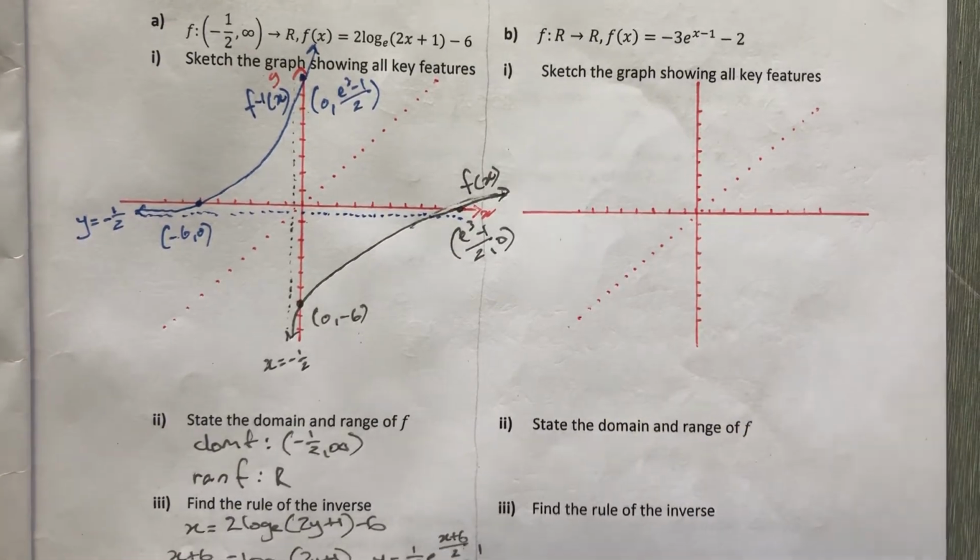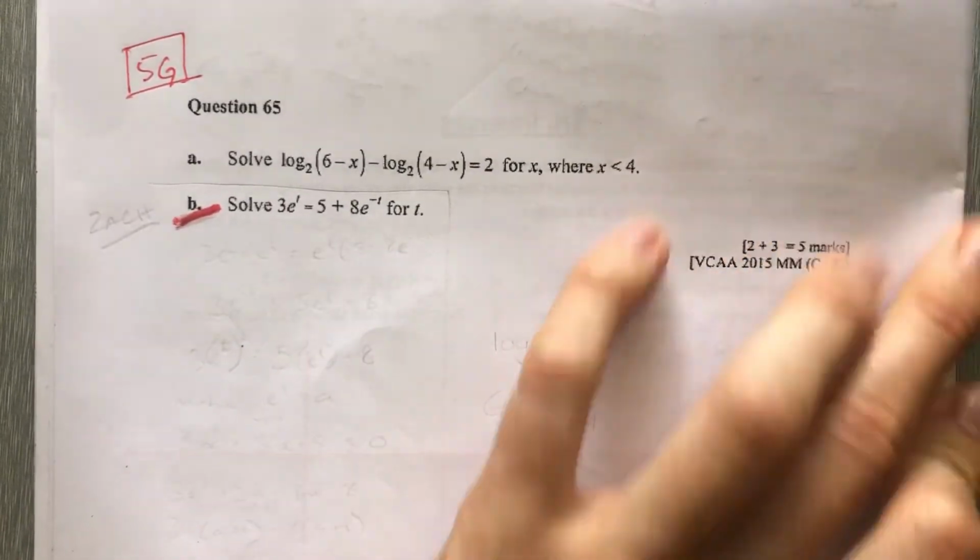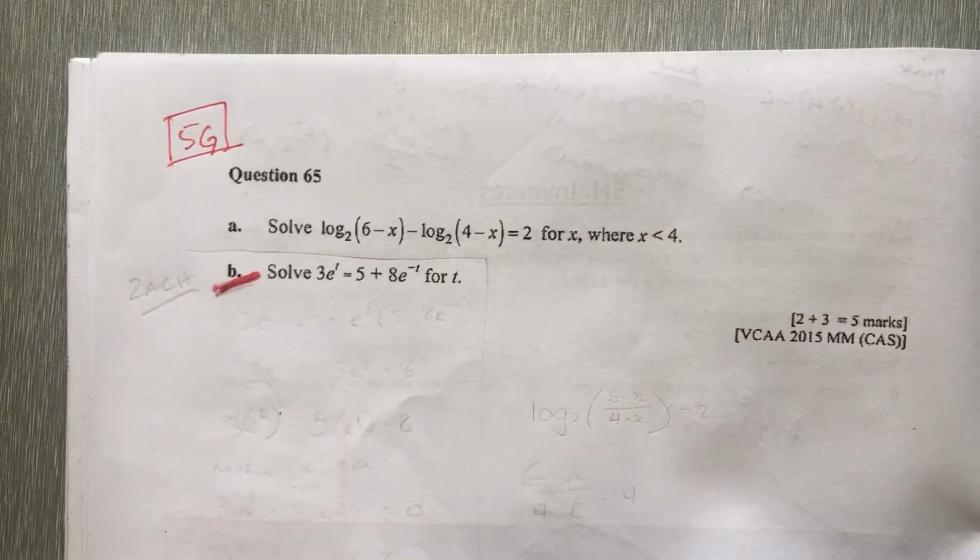Okay, so have a go at those ones by yourself. I will do those exam questions on the back though. So try to do these before you actually watch me do it on this video.